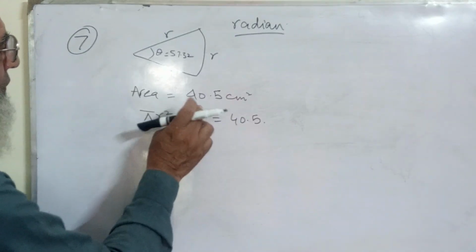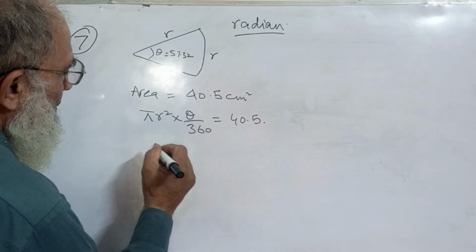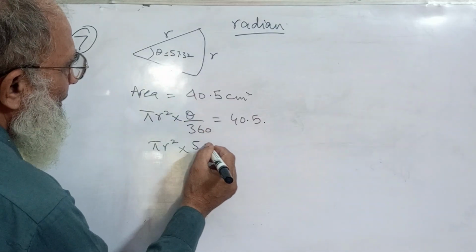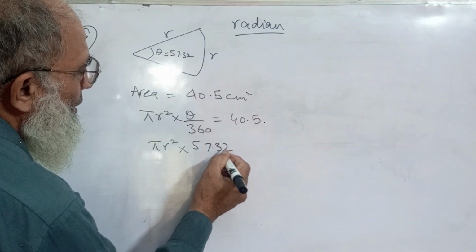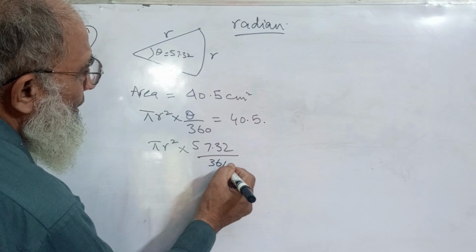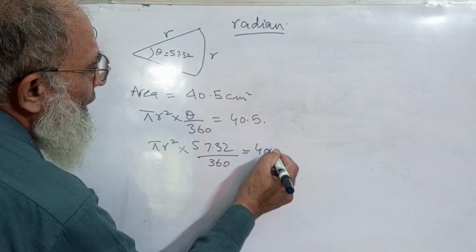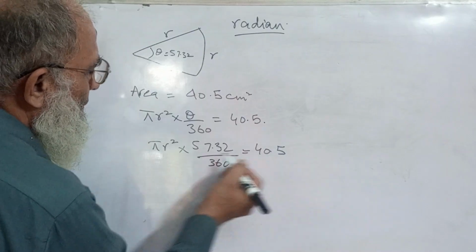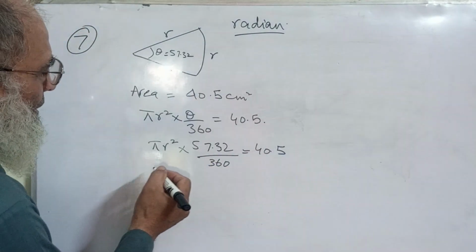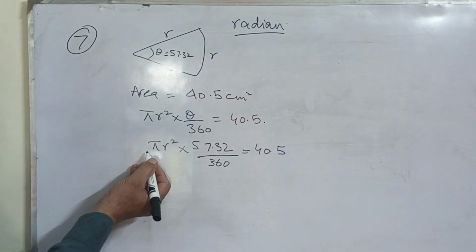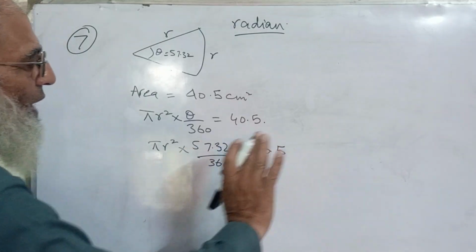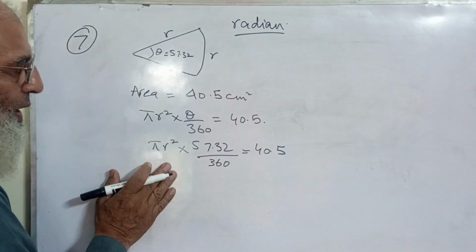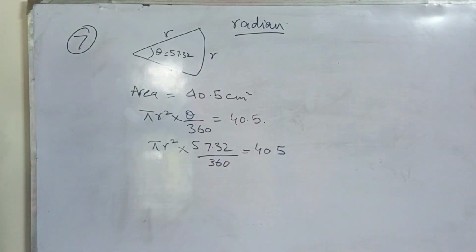Now we have r square multiplied by 57.32 divided by 360 is equal to 40.5. Now what we have to find is r. Since we know the rest are constants, I will shift everything except r to the right hand side.